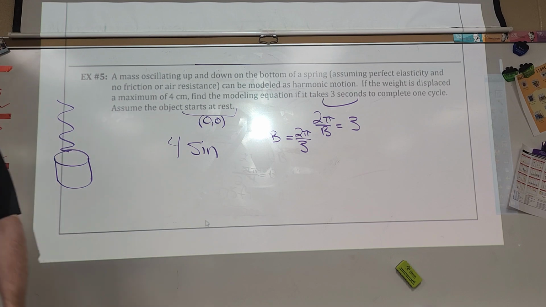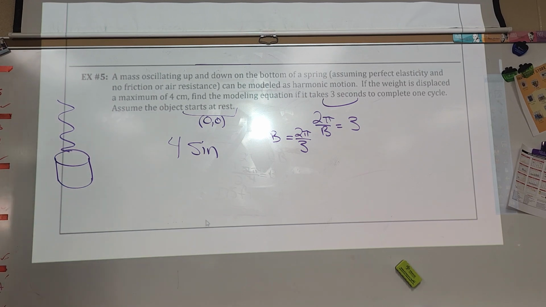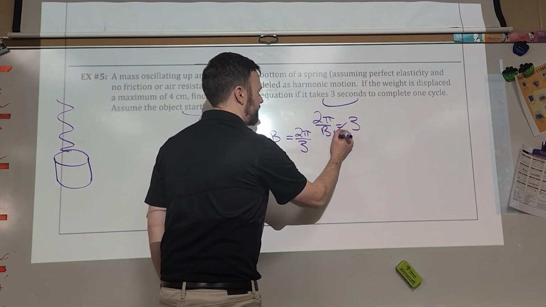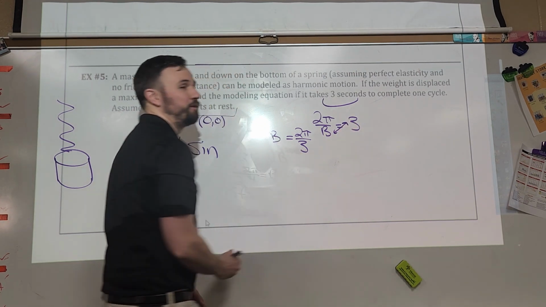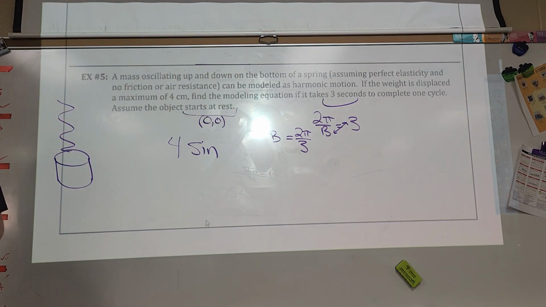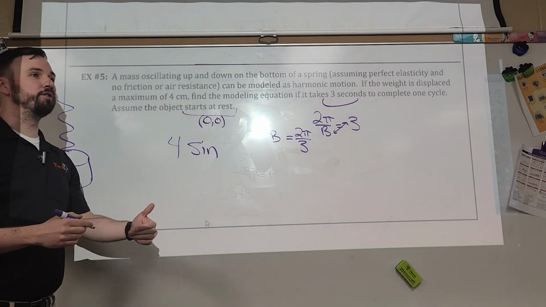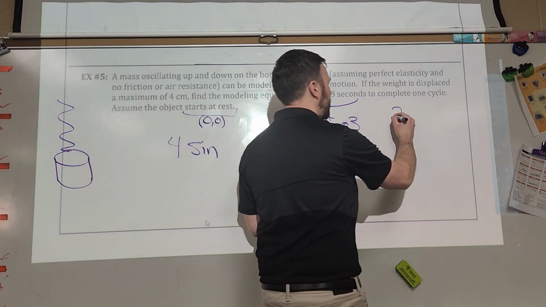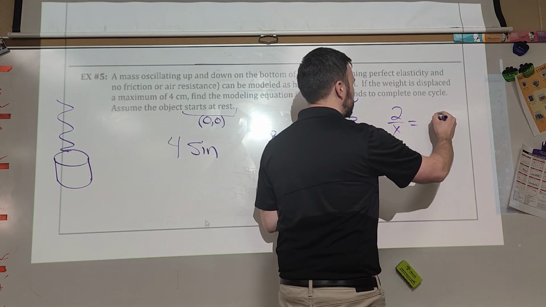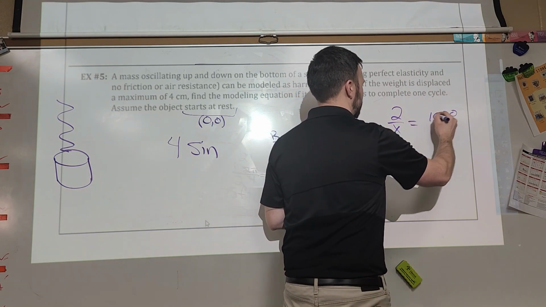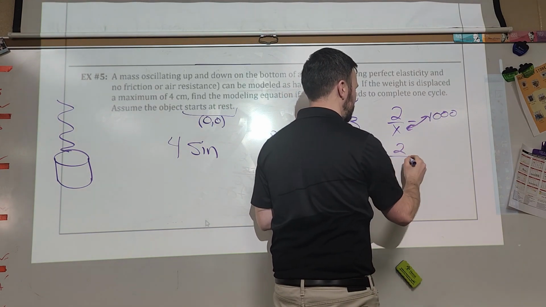Do you remember geometry? What can you do with ratios when you set them equal to each other? You can swap your tops and your bottoms across. Yeah, that's a rule. Remember we did it in trig, when x is on the bottom, you swap your sign and your x. But anyway, that's a shortcut. You can do it with any ratio. If you have like 2 over x equals 1,000, you can just do this.